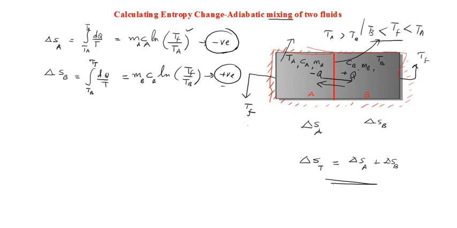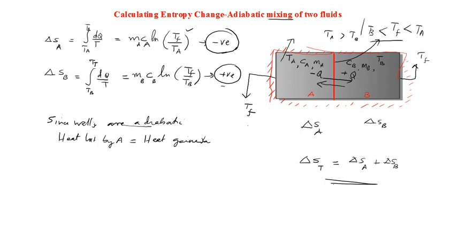Since the walls are adiabatic, what you can do? Heat lost by A will be equal to heat gained by B. Heat lost by A, that is q itself, will be equal to MACA into dT.